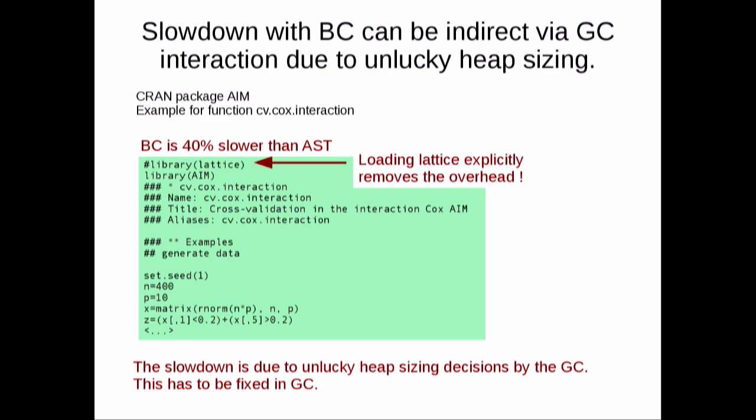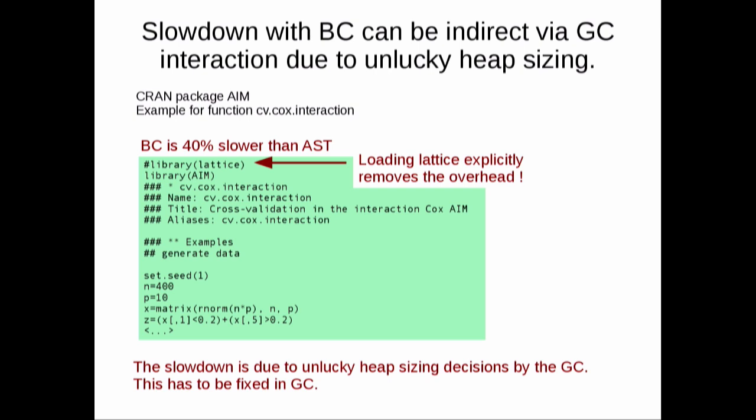And when you have the bytecode compiler, it itself allocates some memory and then releases, but keeps some. And it has an impact on the heuristics of the garbage collector. So sometimes we are just unlucky, and the garbage collector would end up running in a smaller heap than before. And this is something we have to fix in the garbage collector. But it may seem like a slowdown of the bytecode compiler, but it is not.